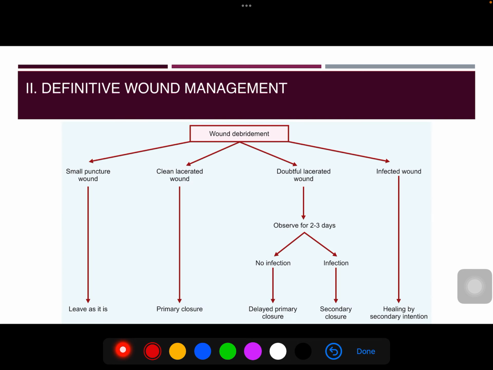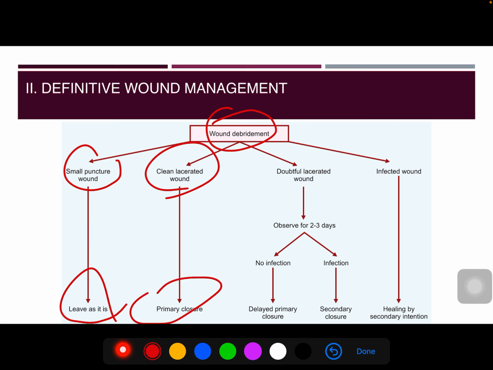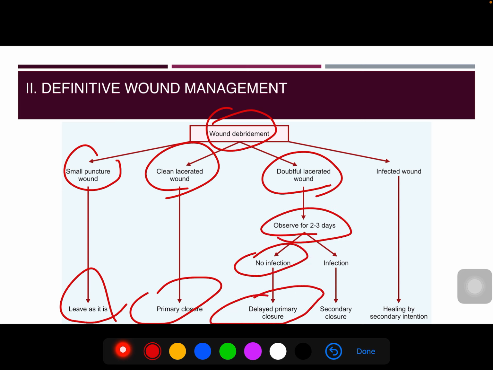For definitive wound management, after debridement, if there is a small puncture wound, leave it as it is, and a clean lacerated wound, we do primary closure. If there is a doubtful lacerated wound, observe for 2 to 3 days, and if there is no infection, delayed primary closure, and if there is infection, the infected wound heals by secondary intention.